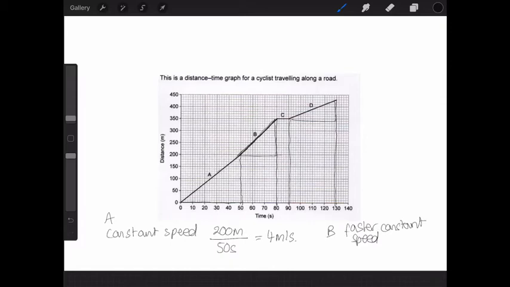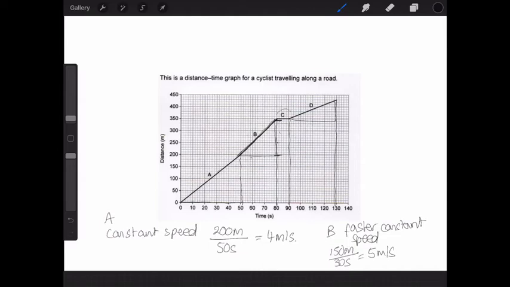So this y value is worth 1, 2, 3 big squares. So that's worth 150 metres divided by the time, which is 10, 20, 30 seconds that I've counted along there. So that would be 5 metres per second, which is faster than 4 metres per second, as I predicted from the steepness of the gradient.